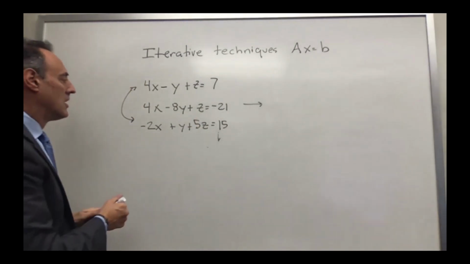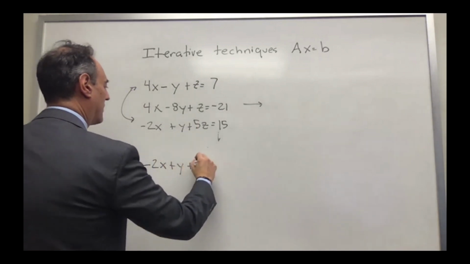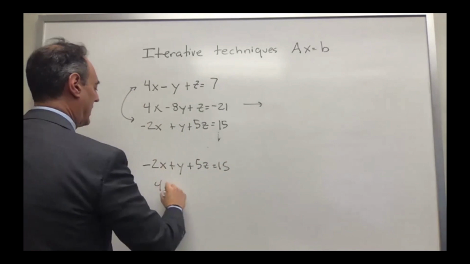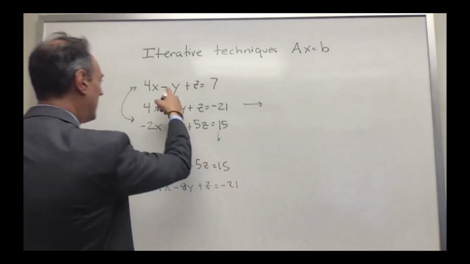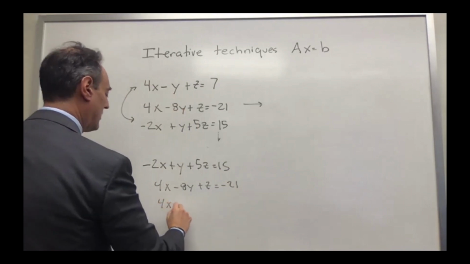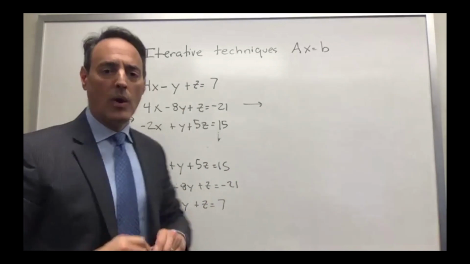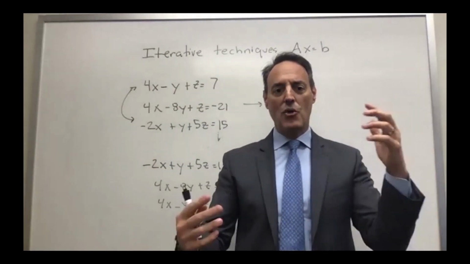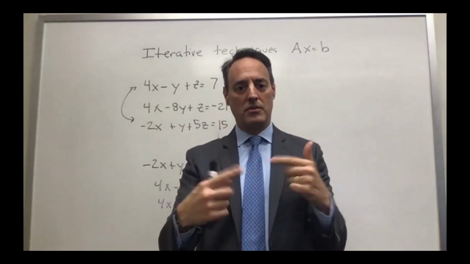So in other words, I could write this as negative 2x plus y plus 5z equals 15, 4x minus 8y plus z equals negative 21, and then here, 4x minus y plus z is equal to 7. In fact, when we did the LU decomposition or Gauss elimination, remember that we always had to keep track of whether we were going to switch rows, right?